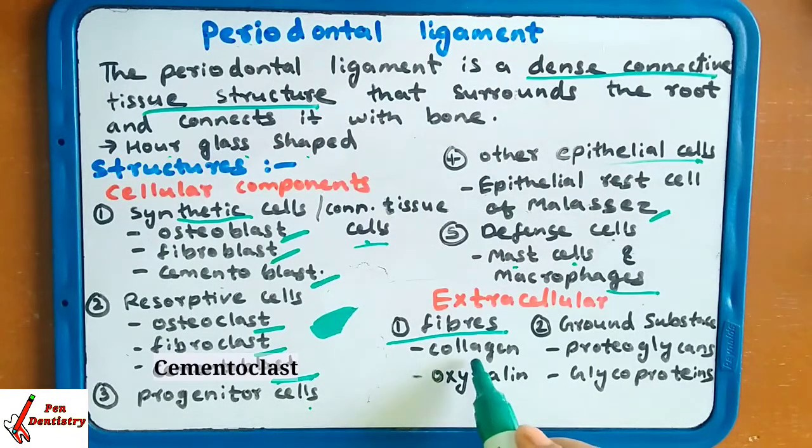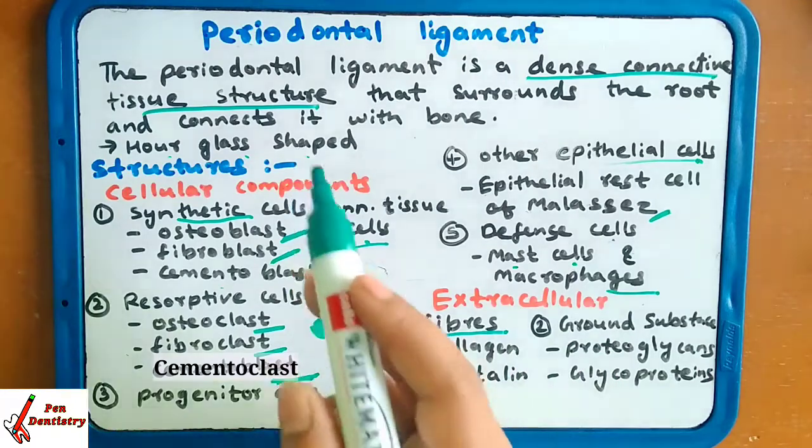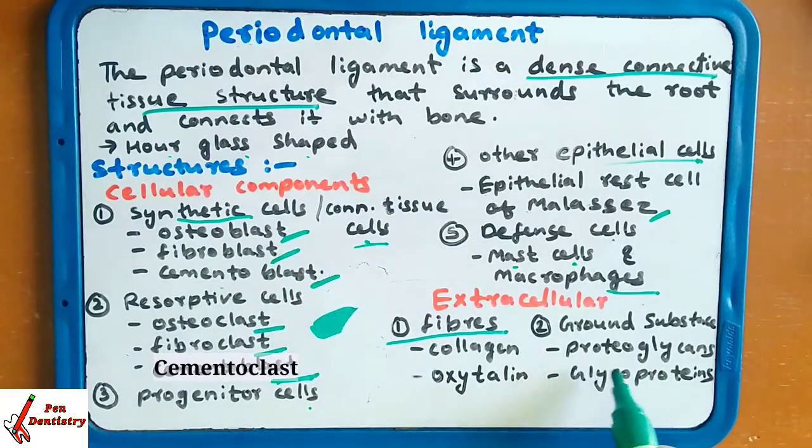First one is collagen fibers and the other one is oxytalan fibers. The ground substance present in the extracellular components is proteoglycan and glycoprotein. What is present in extracellular? Fibers and ground substance. In fibers, collagen and oxytalan, and in ground substance, proteoglycan and glycoprotein.